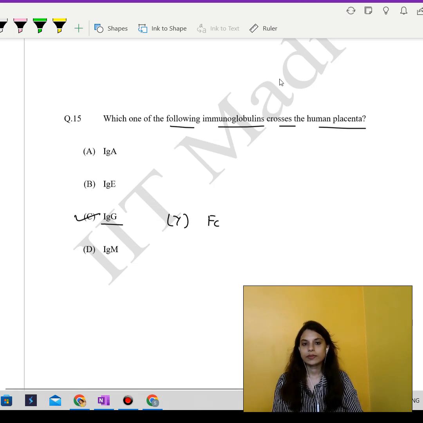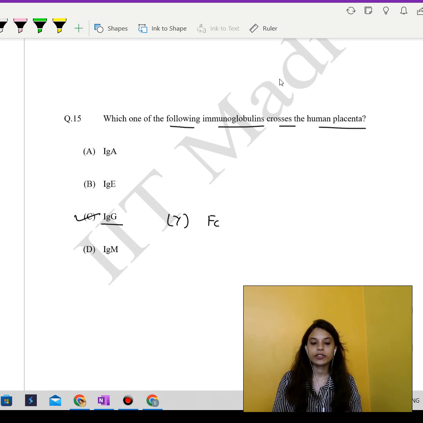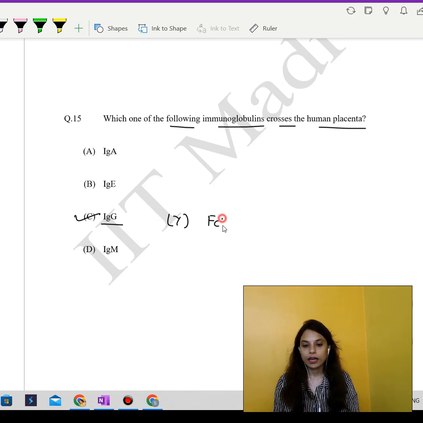This binding triggers the transport across the placenta via a process called FcRn mediated transcytosis. As a result, IgG antibodies from the mother can provide crucial immune protection to the developing fetus throughout the gestation and shortly after birth, bridging the gap until the baby's own immune system matures.